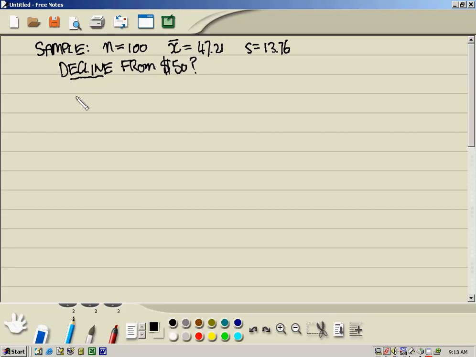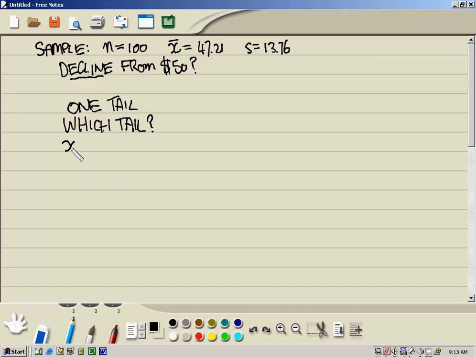Alright, so the word decline tells us it's a one-tailed test. It's a directional question. It's not whether it's equal to something versus not equal. And then we go through the routine and find out which tail test it is. Remember, we want the sample value and the critical value both on the same side of the distribution.